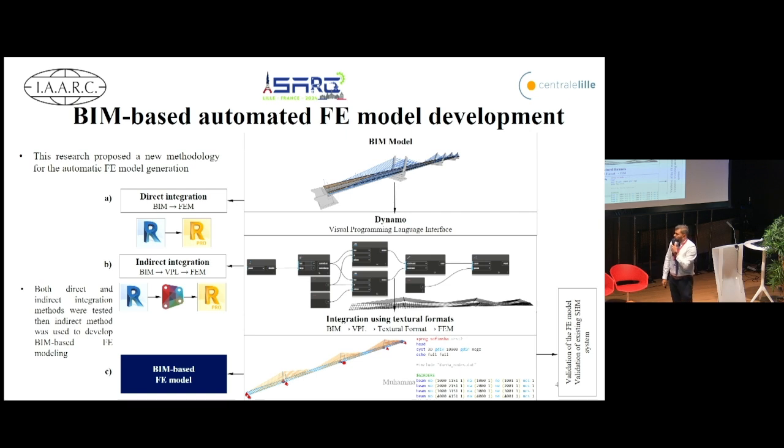So that's why we adopted the indirect integration method, where we use the visual programming language interface using Dynamo scripts, and we converted our 3D model into a set of lines, curves, and points. Once we have the points, lines, and curves, they can be converted into a TXT file, which can be imported to the finite element software, and there you can perform the finite element analysis.